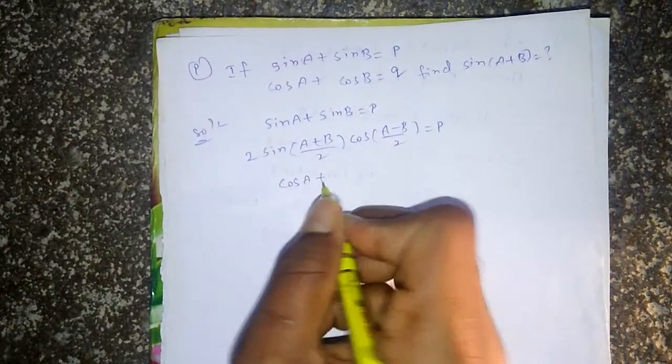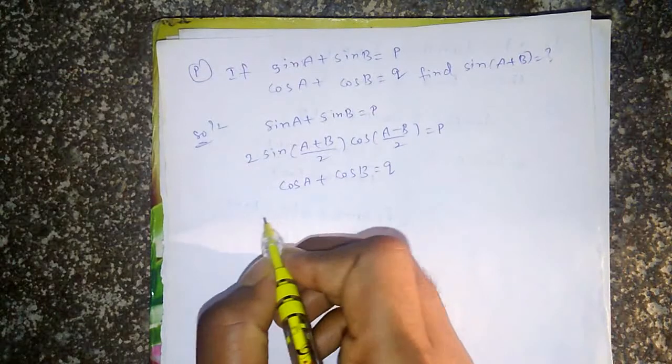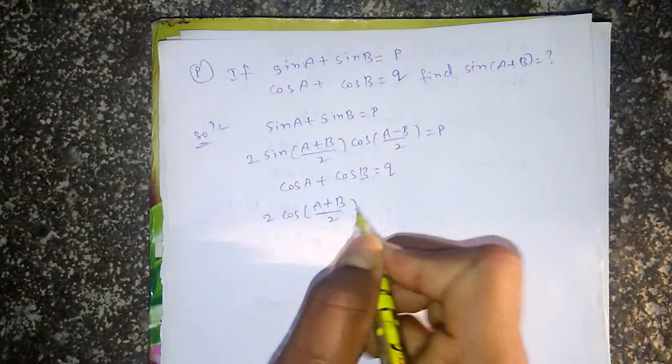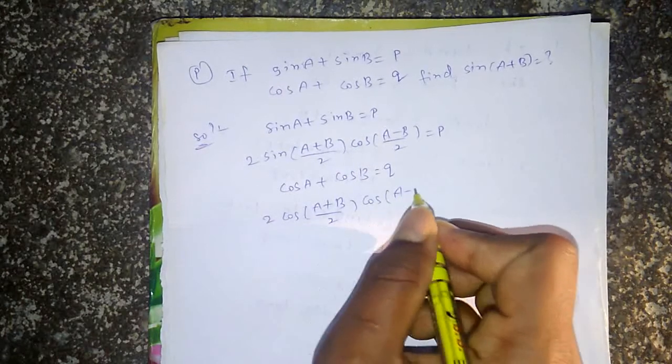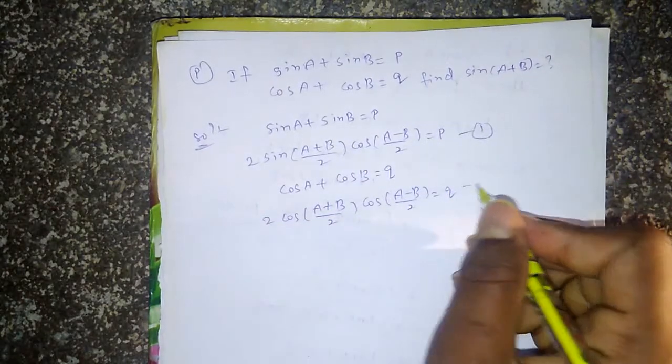Cos a plus cos b is given as q. Apply the transformation cos c plus cos d formula. 2 cos of a plus b by 2 cos of a minus b by 2 is equal to q. Take this as 1 and this as 2.